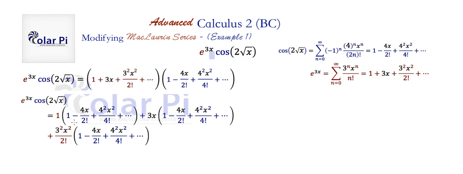Then where to next? Well, distributing this one here has no impact, so we're just going to get this guy here. Distributing the 3x to this infinite polynomial is going to have an impact. First, this one is going to turn into a 3x, and this guy is going to be 3x times negative 4x over 2 factorial, and so on. You get it. And similarly, distributing this guy here will have an impact, and so on.